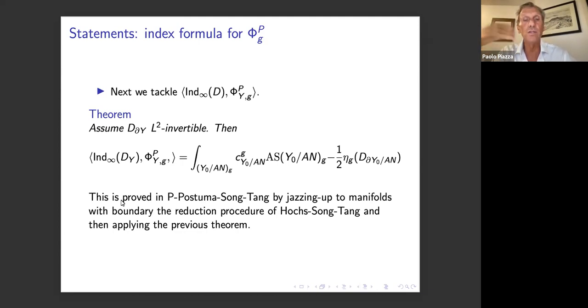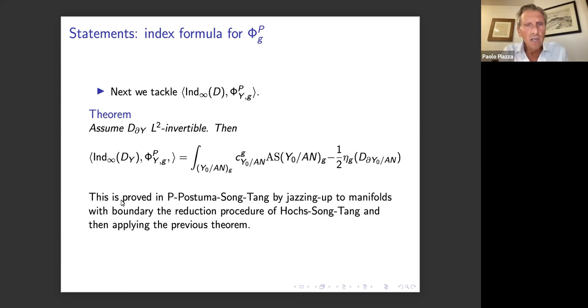So you reduce the theorem to this quotient manifold Y0 over AN, which is a proper manifold, to which you can apply the Hochs-Wang index theorem. So you pass from a higher cyclic cocycle to a 0 cyclic cocycle, and then you can apply Hochs and Wang.